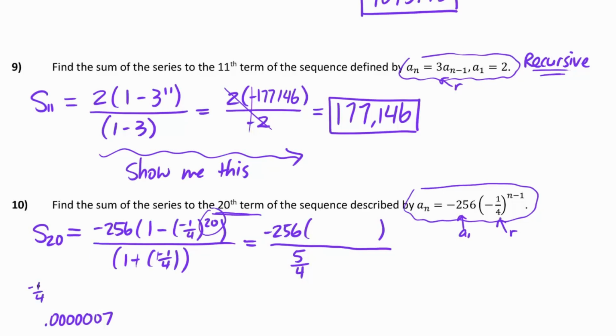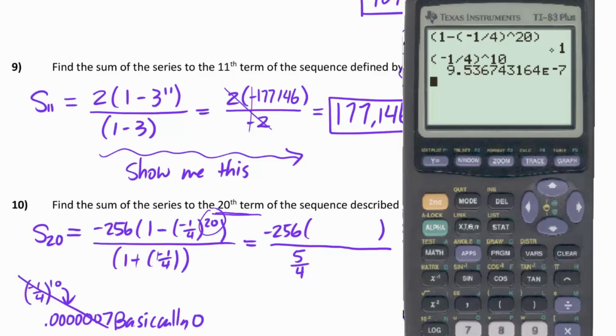That is just 1/4 to the 10th power. If I'm multiplying by 1/4 10 more times on top of that, it's only going to get smaller and smaller until it's basically 0. So I'm taking 1 minus basically 0, and that's why my calculator gave me this answer of 1.